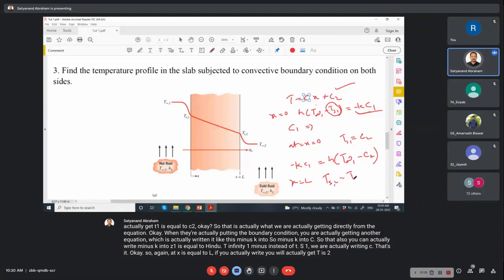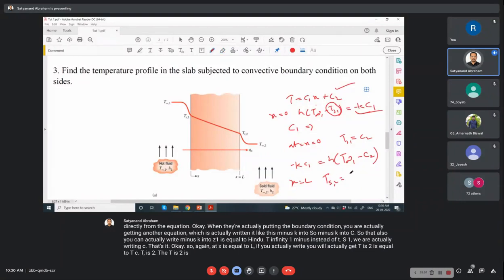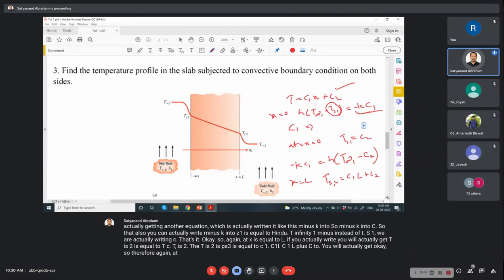Again, at x is equal to L, you will get Ts2 is equal to C1L plus C2 from the equation.